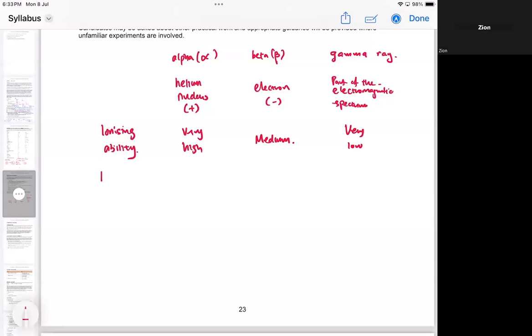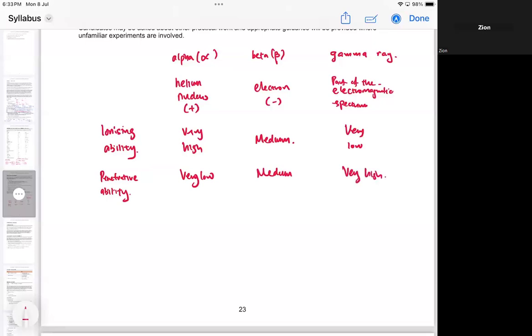Now penetrative ability. Alpha is very low, beta is medium, and gamma has very high penetrative ability.